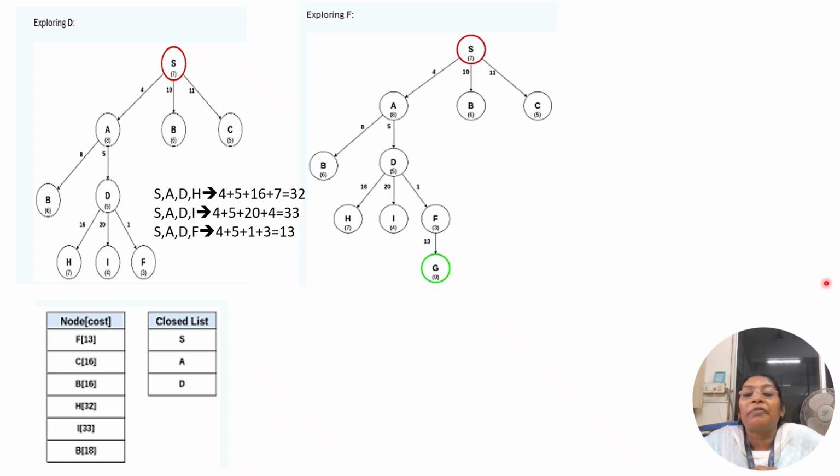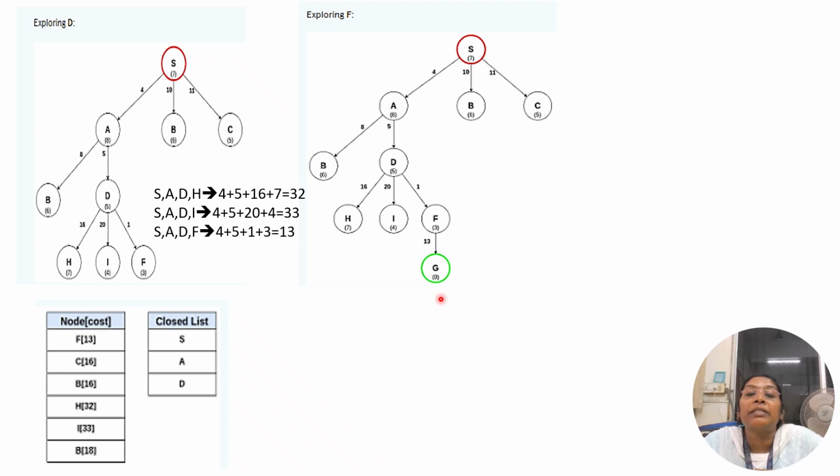Now, from F, the only node that is connected is G. So now I have to calculate what is the f of n. Now the f of n for this is 4 plus 5, 9. 9 plus 1 is 10. 10 plus 13 is 23, and 23 as g of n plus h of n 0 is 23.